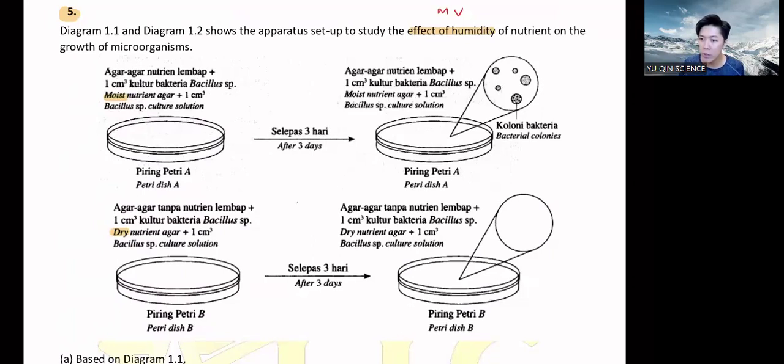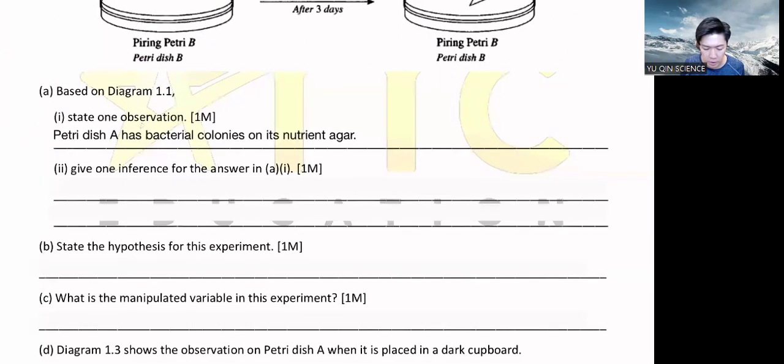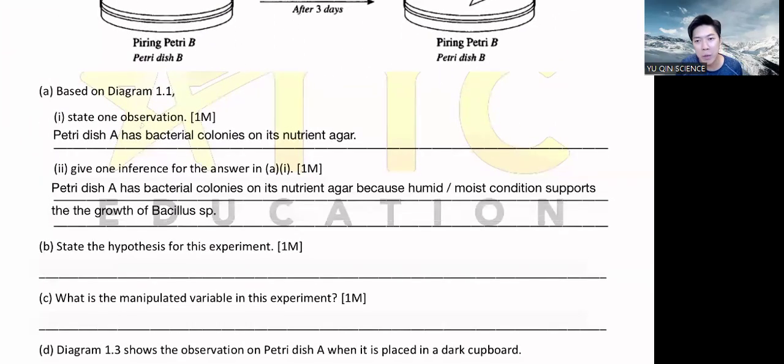That's the reason behind it. Why got bacteria? However you form the sentence, you cannot always memorize my method. Everyone has to have your own way to form sentences. Everyone is different. So, for A, bacteria, I copy exactly, then here, because moist condition supports the growth of bacteria, or Bacillus sp, it doesn't matter. You can write bacteria also.